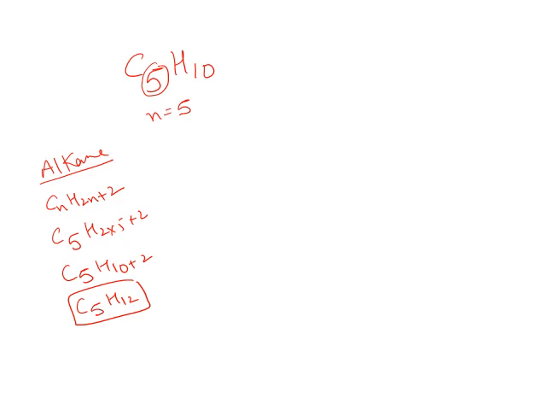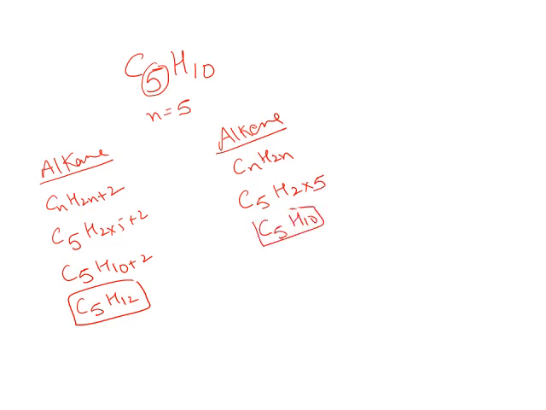So it's not possible. For alkene, the formula is CnH2n. So C5H2 into 5, C5H10. So it looks like this compound belongs to an alkene. But let's verify for alkyne too, with a triple bond.